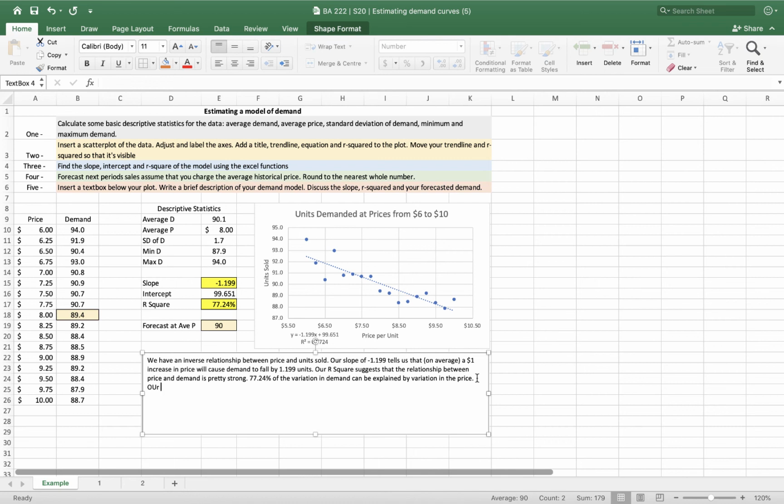Our forecast for demand at the average price of $8 per unit is 90 units. This number is greater than actual average demand at this price.